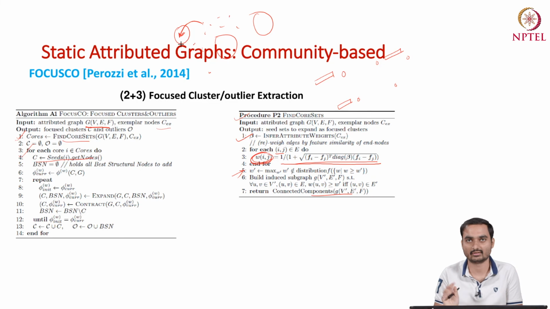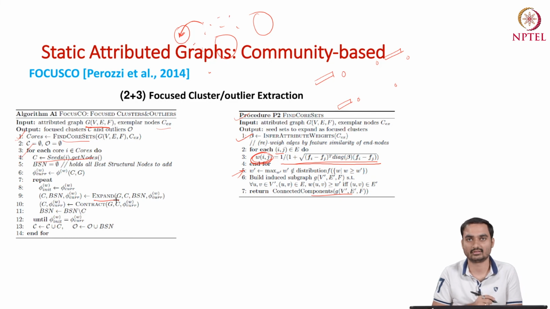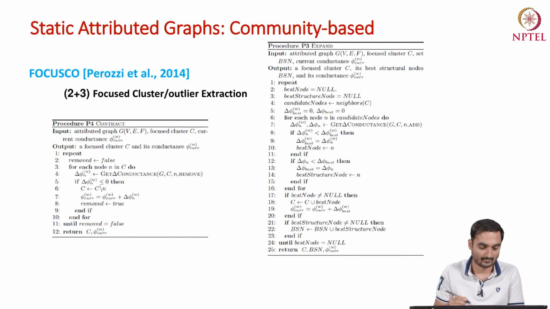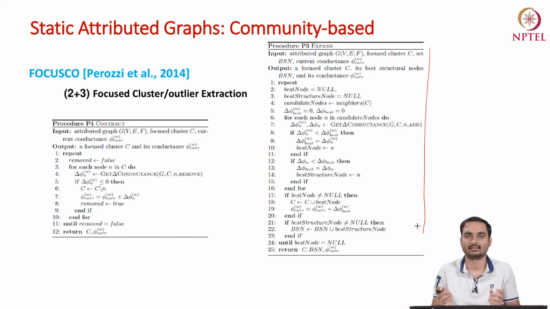We can also use modularity, for example. This expand procedure, I am not going into the details, basically expands different components by adding potential nodes which are not part of the core components, but after addition the quality of the community gets increased.